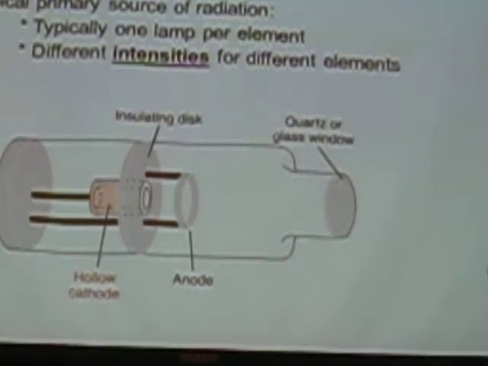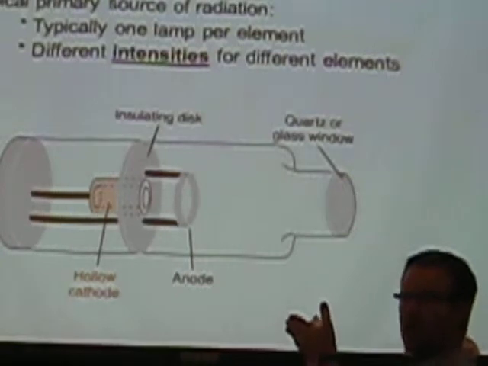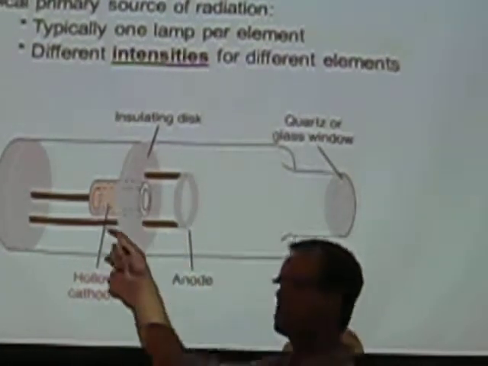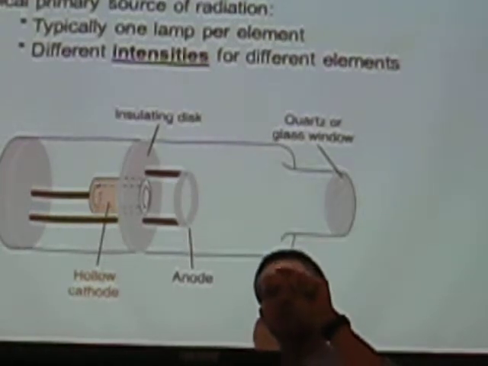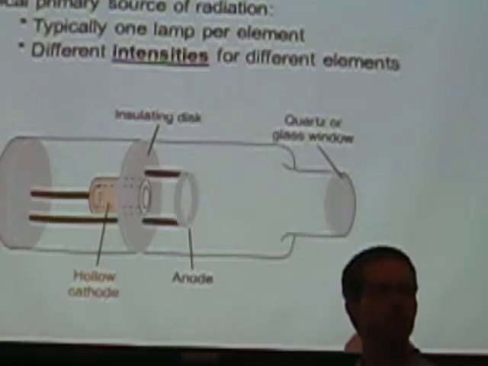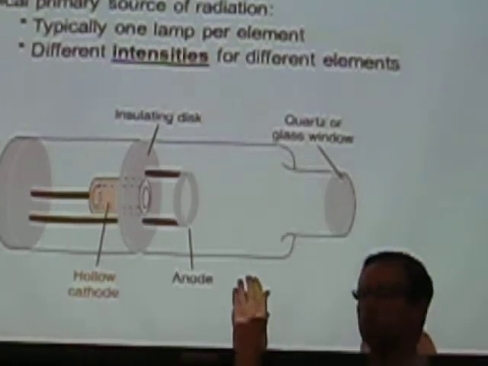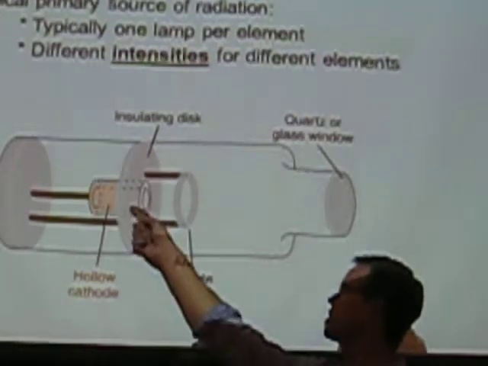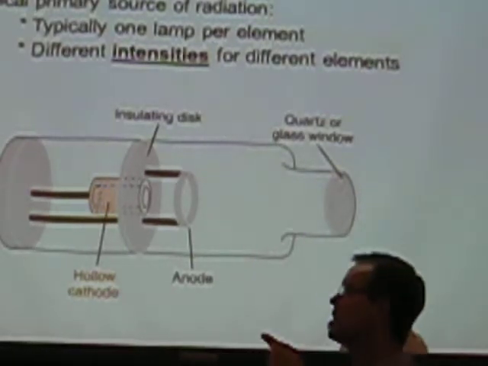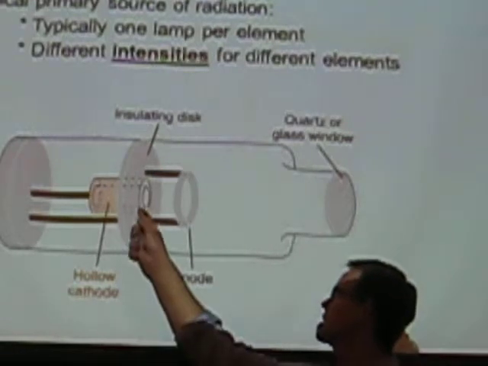So if you're going to measure copper, this is a copper hollow cathode lamp. The cathode here is like a hollow tube about that long, maybe as big around as this chalk, and it's made out of pure copper. If you're going to measure lead, you put the lead lamp in, and this hollow cathode will be made out of lead. So for every element you're measuring, the lamp is specific to that element because the cathode is made out of that element.